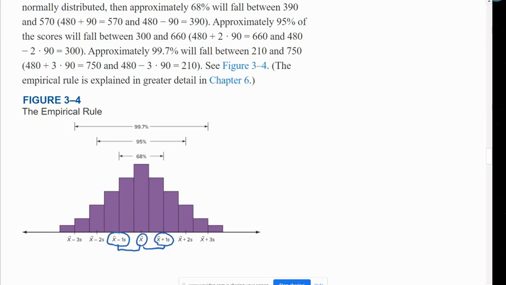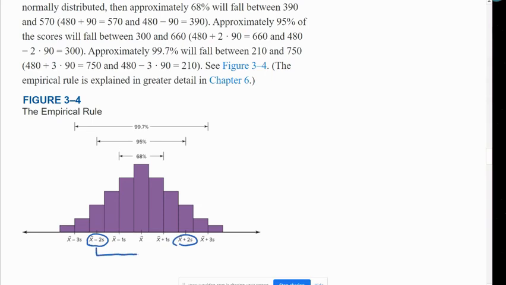So we're going one standard deviation above X and one standard deviation below X. And so 68% of the data should land within one standard deviation of the mean. And then similarly, if we go out to two standard deviations, notice here it says X minus 2S and X plus 2S.